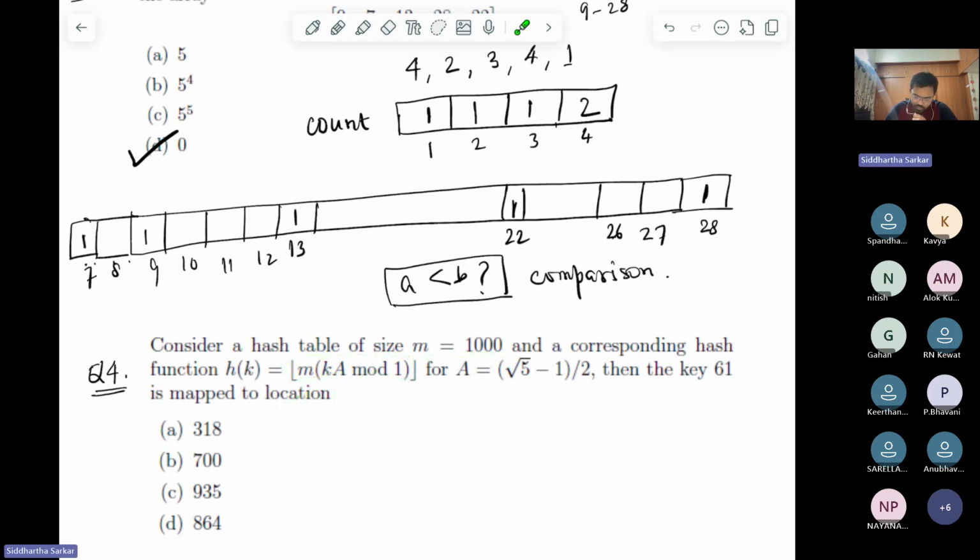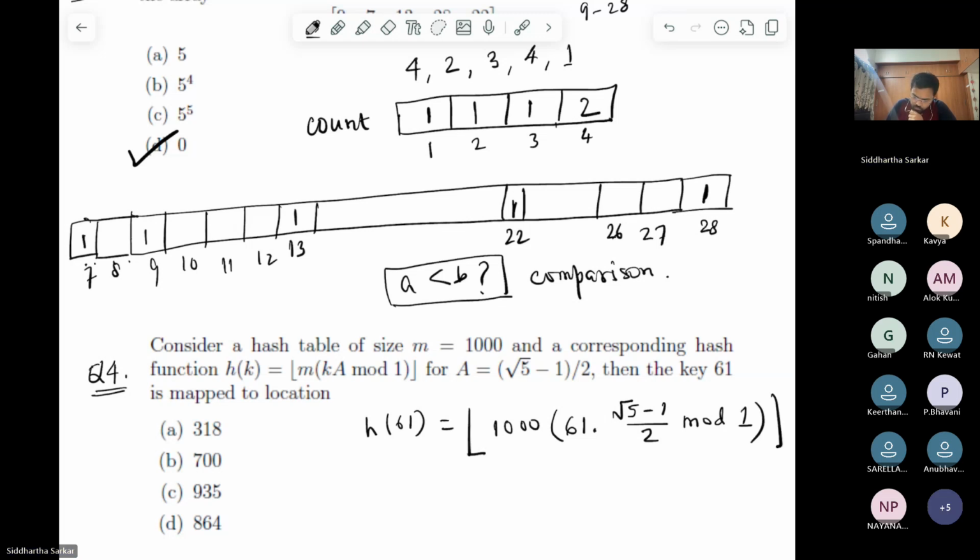I will give you a minute. Plug in the values to calculate h of 61. M is 1000, and k is 61 times a, that is root 5 minus 1 by 2. This thing mod 1 means the fractional part, and then you take the floor.